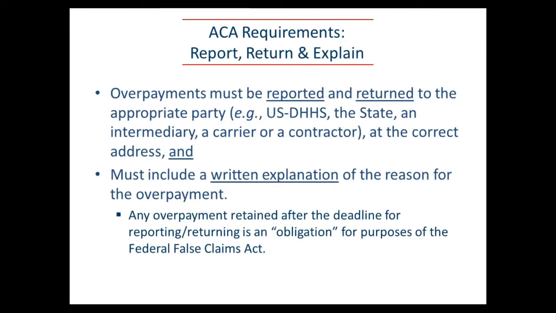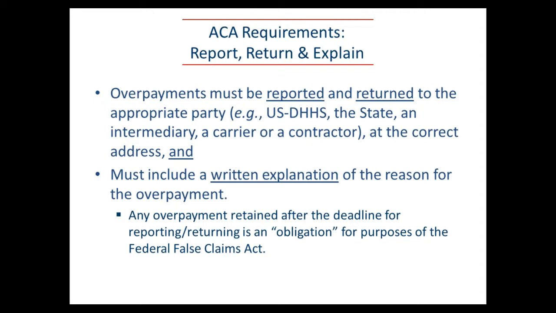The ACA has three components that I'm going to discuss now. Components requiring reporting of overpayments, return of overpayments, and providing an explanation with regard to overpayments. Overpayments must be reported and returned to the appropriate party.